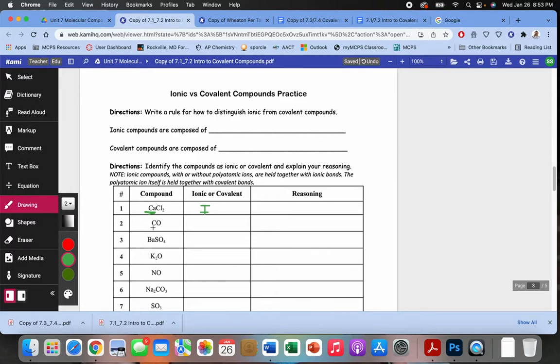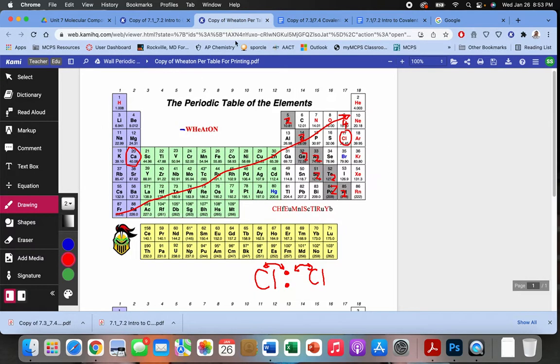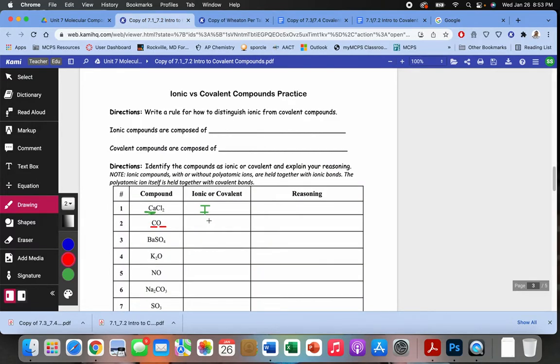Whereas CO, if we look at this guy, both C and O are nonmetals. If we look back at this, here's our C, here's our O, and so you can see that they're right near each other and they are both nonmetals. And so this guy should be covalent. What is our reason?